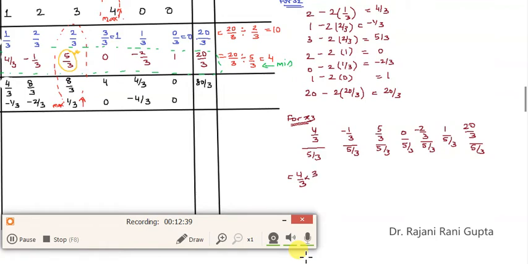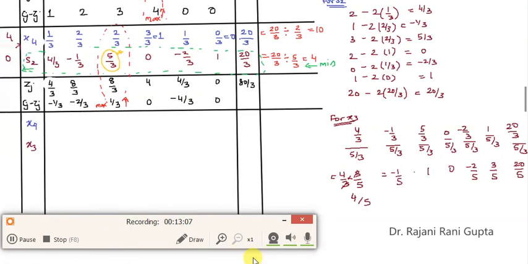It will become 3 by 5, cancel. This gives you 4 over 5. In the same way, when you calculate this, you will get minus 1 over 5. Here you will get 1. Here 0. Here minus 2 over 5. Here 3 over 5. And there 20 over 5, which is nothing but 4.